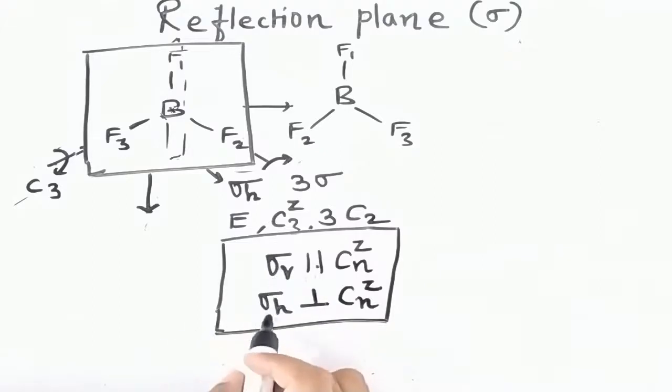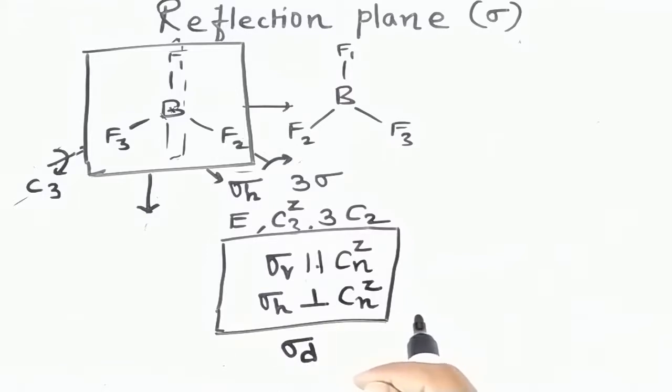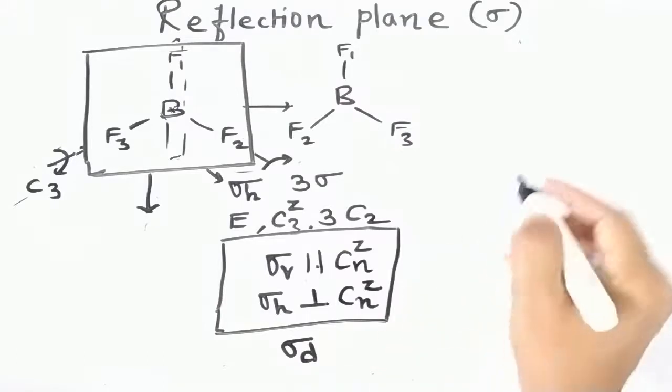Apart from this sigma V and sigma H, there is one more plane, called the sigma D plane, where sigma D is nothing but the dihedral plane. This dihedral plane contains a C4 principal axis.